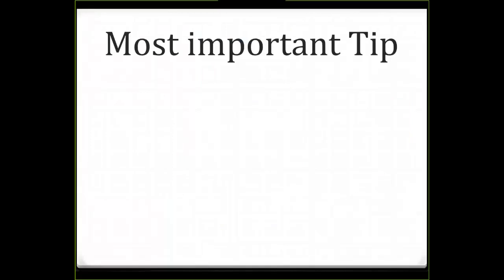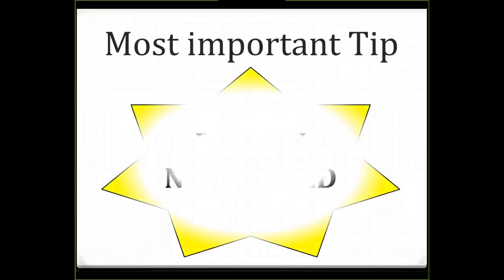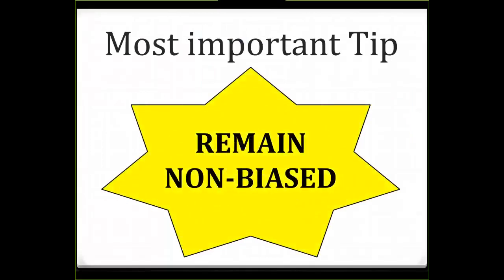I keep saying important tips, but this one is by far the most important. A million times over, as a SHIP staff person and volunteer, we must remain non-biased. What that means is our personal opinions of what is best for the Medicare beneficiary does not matter.